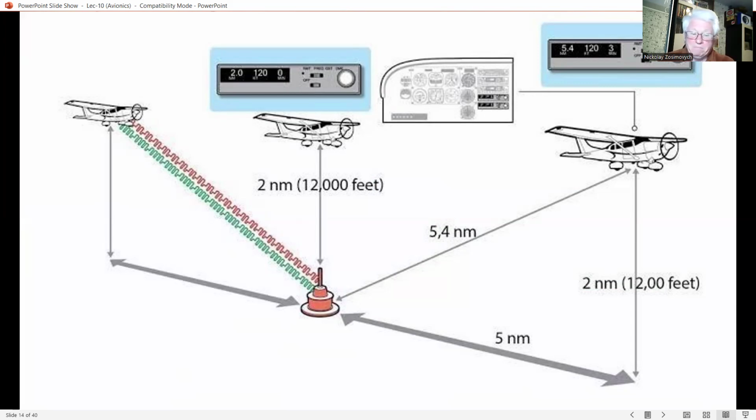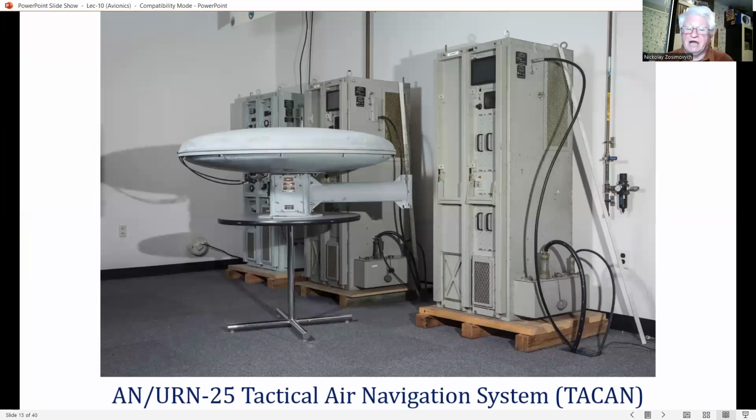DME, distance measuring equipment, is co-located with VOR and provides the distance from the aircraft to the DME transmitter. TACAN is a primarily tactical air navigation system for the military services of the USA and NATO countries. It is often co-located with civil VOR stations, such combined facilities being known as VORTAC stations.